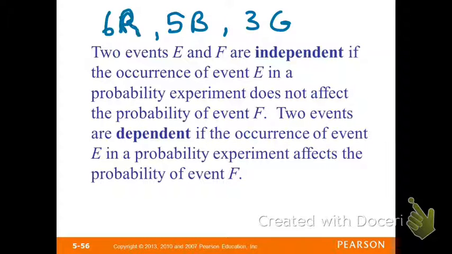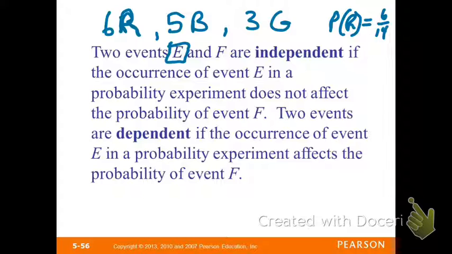Let's say event E is drawing a red marble. Then the probability of a red is 6 out of 6 plus 5 plus 3, that's 6 out of 14, which we could simplify to 3/7 as a fraction.